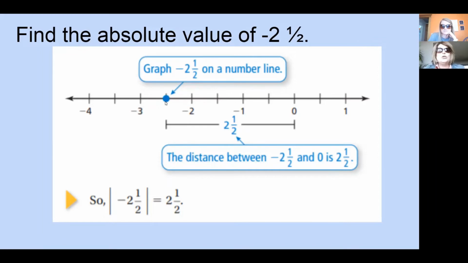It is the blue dot on the number line. If I want to know what the absolute value of a negative 2.5 is, I am going to count how many jumps I am away from 0. I start at 0 and I have a negative 1, that's 1, a negative 2, that's 2 jumps, and then a negative half.